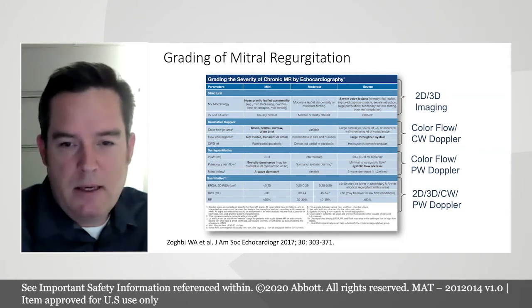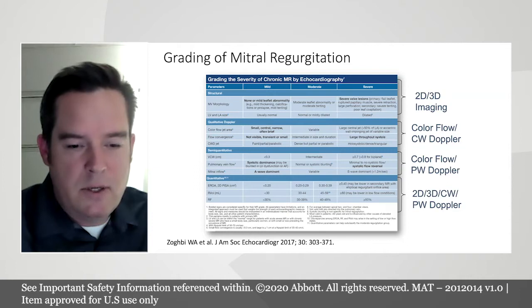But some of the main things to certainly keep in mind as you're moving forward in your assessment is what assumptions are you making, say with PISA versus vena contracta area.